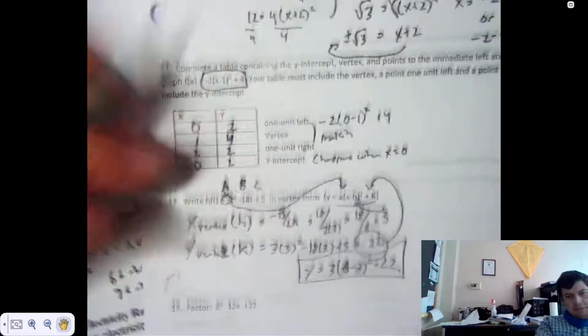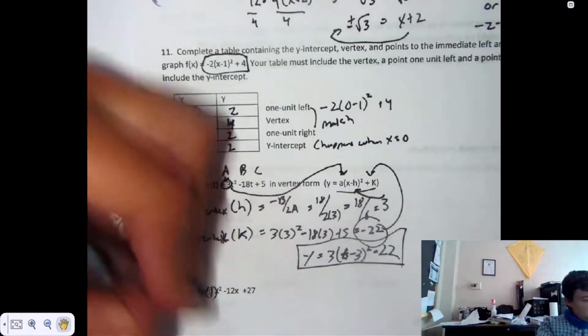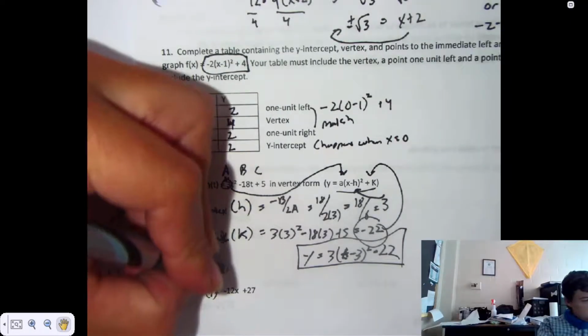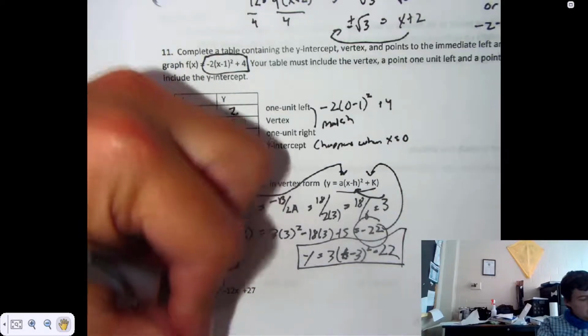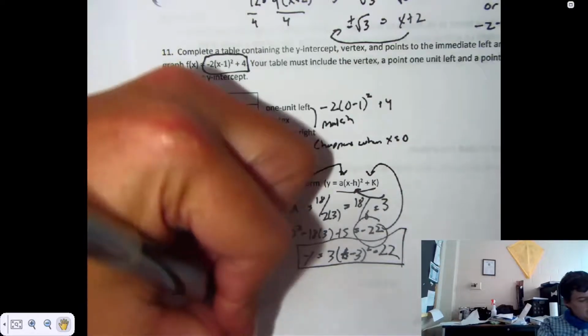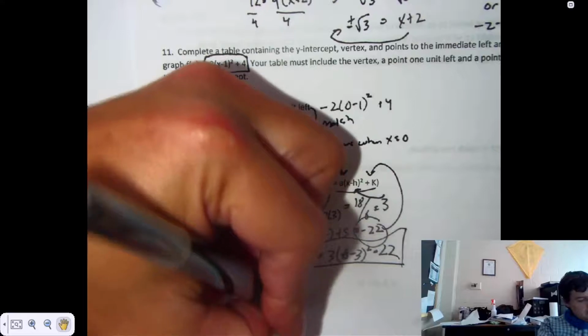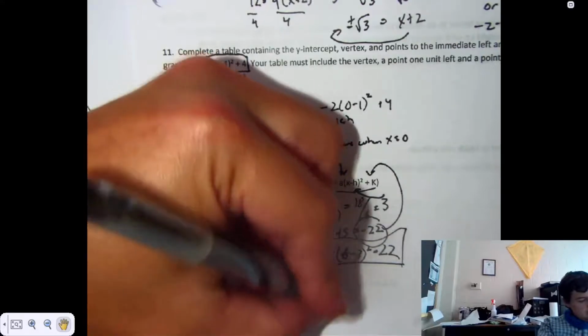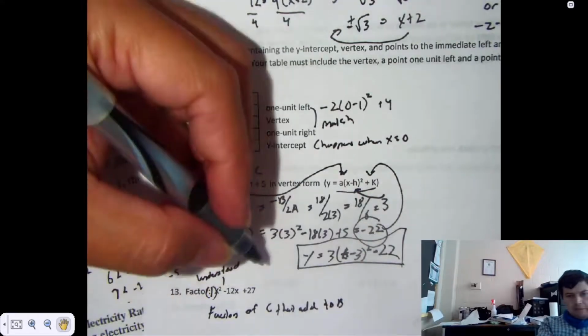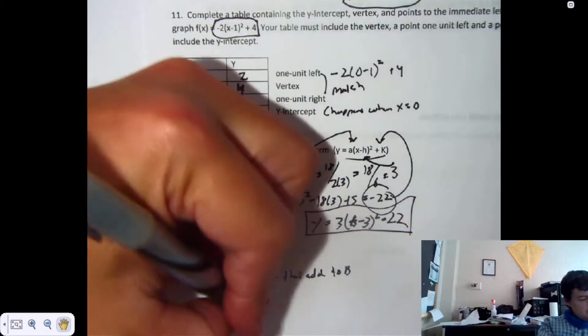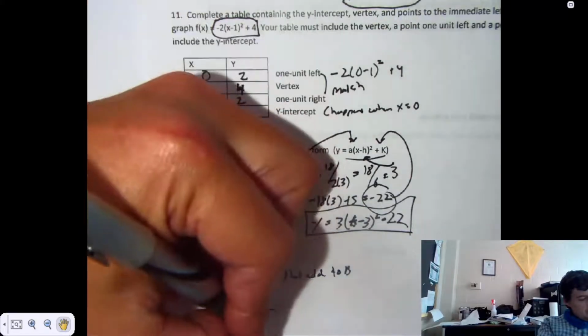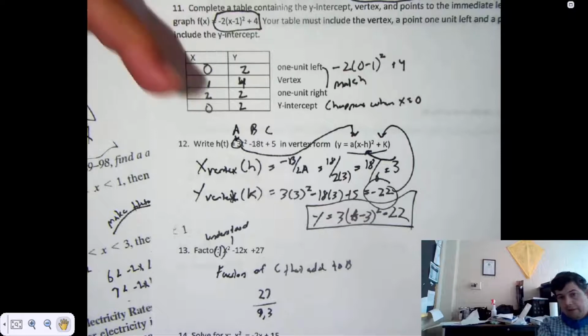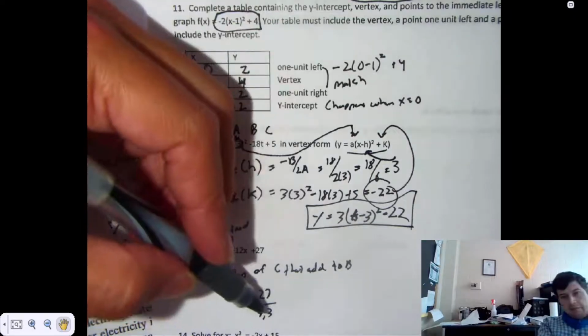13 is a simple level factoring. There's this understood 1. So we're going to find factors of C that add to B. So we're dealing with 27. 27 has a couple of factors. We've got a 9 and a 3, and that's probably the pair. Because 9 and 3, if you add them together, you get 12.